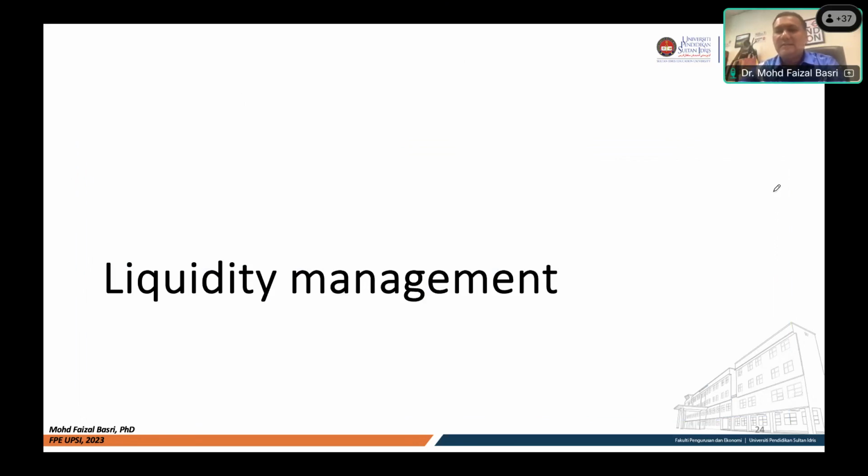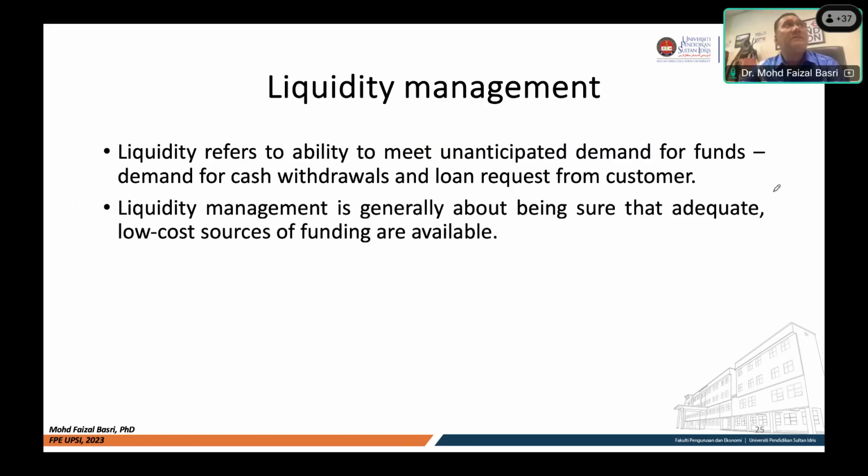So the next part is liquidity management. Liquidity management refers to the ability of the bank to meet unanticipated demands for funds.